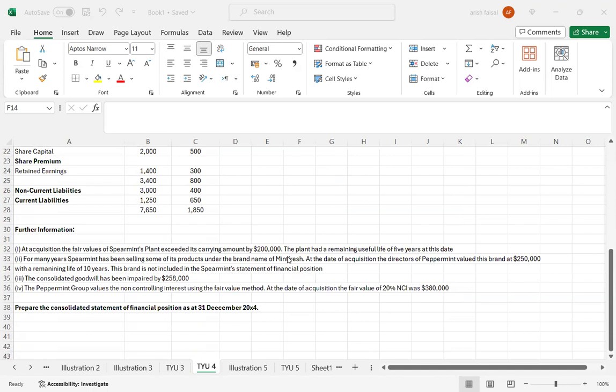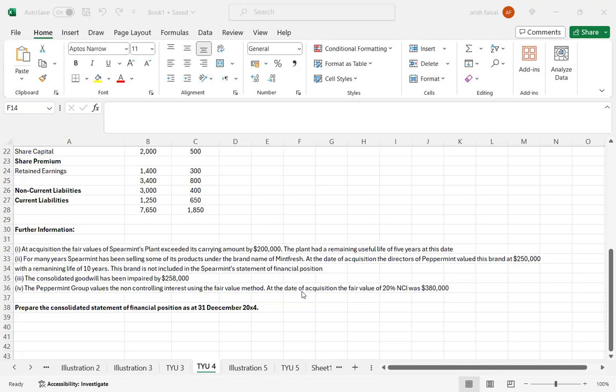We also have that for many years, Spearmint have been selling some of its products under the brand name of Mint Fresh. So we have an intangible asset over here, which is under IAS 38. As you know, under IAS 38, internally generated intangible assets are not to be recorded, because you cannot separate them from the business.